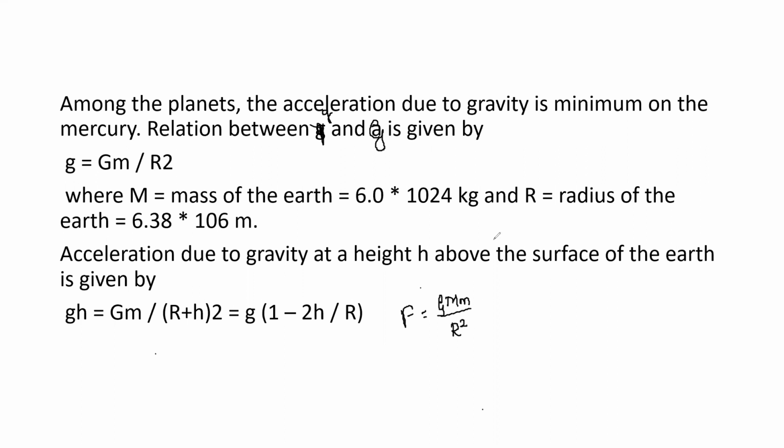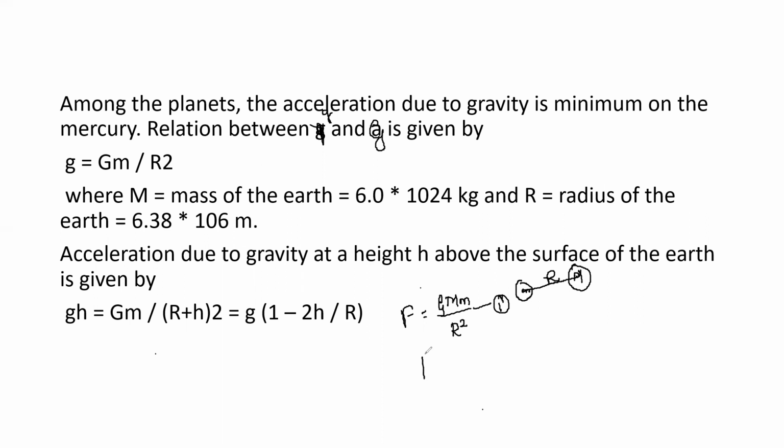If I take two objects, one having mass small m and the other having capital M, and the distance between them along the line joining their centers is taken as capital R instead of small r, then this is the gravitational force between them. It can be written as equation 1.